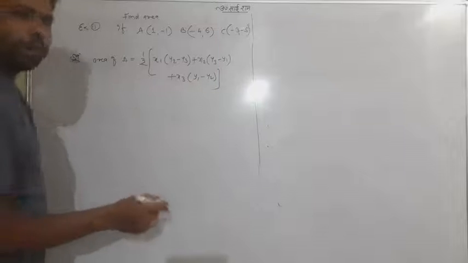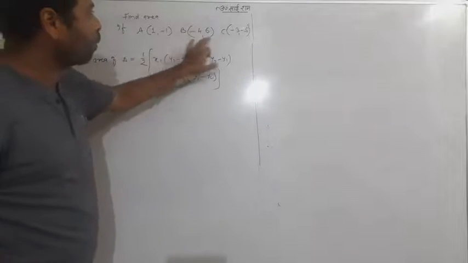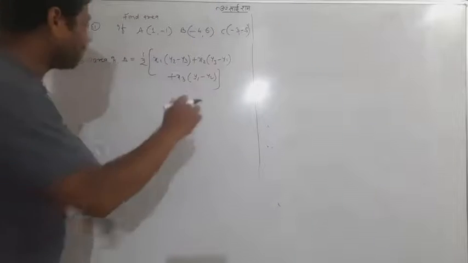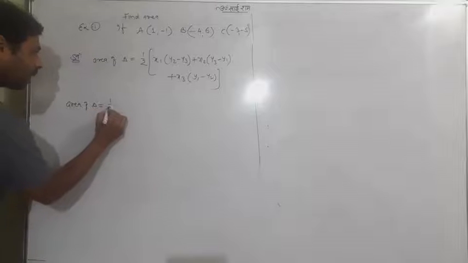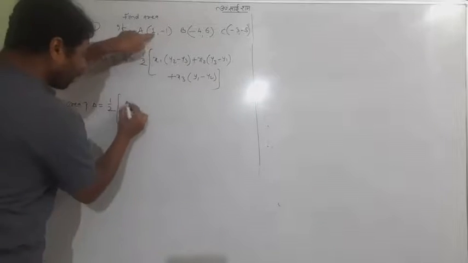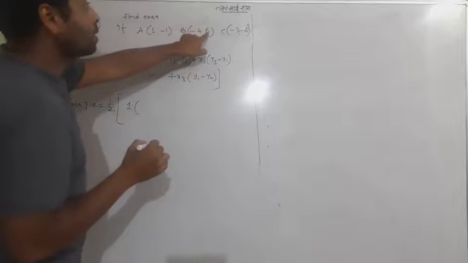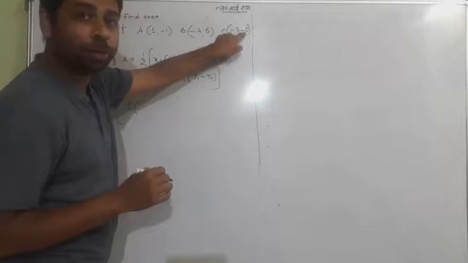Don't compare the formula too strictly, but you should know the trick when three points are written simultaneously. Area of triangle is equal to half. This is x1, so I'll write 1, times y2 minus y3, which is 6 plus 5.